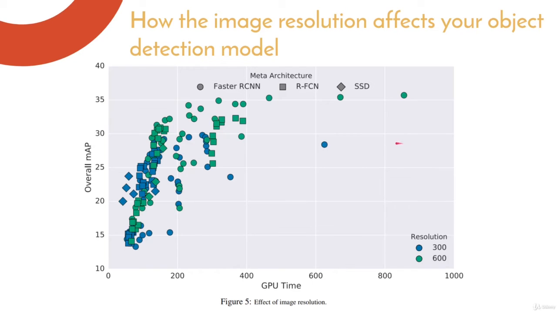Always remember that when you choose a specific image size or image resolution for your model, this means that whenever you have to pass new images through the model, you actually have to resize them to that specific resolution.